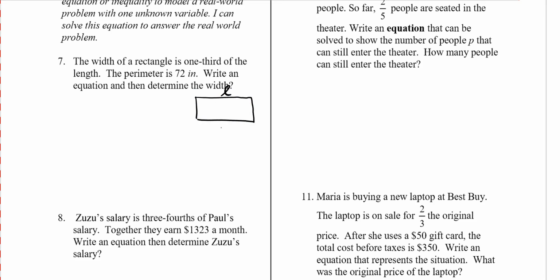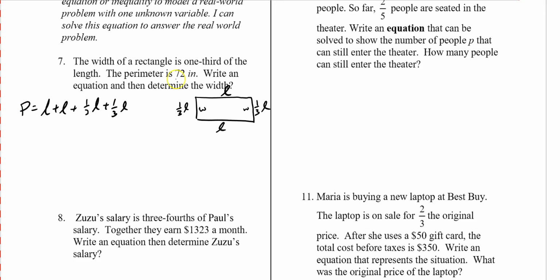I have my length, and then my two widths are these two sides. But I know that the width is 1/3 whatever the length is. So the perimeter of the whole shape is length plus 1/3 the length plus 1/3 the length.